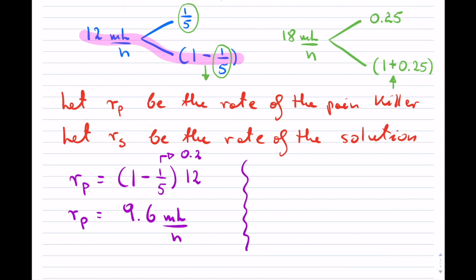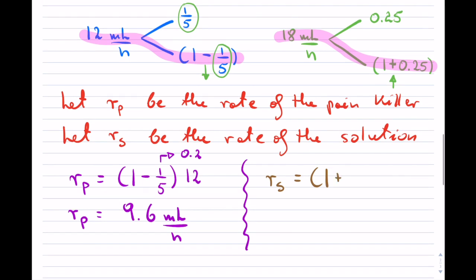And now on the opposite side here, I'm going to do RS of the saline solution, and that equals, we're supposed to increase that. So it's right there. So plus 0.25. So again, 100% increased by 25% of the original amount.